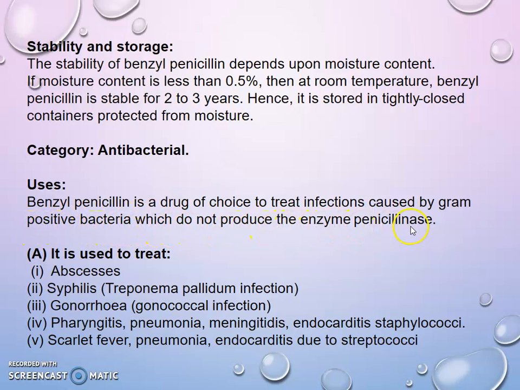produce the enzyme penicillinase. It is used to treat abscesses, syphilis, Treponema pallidum infection, gonorrhea, gonococcal infection, pharyngitis, pneumonia, meningitis, endocarditis due to staphylococci infection, scarlet fever, pneumonia, endocarditis due to streptococci infection.